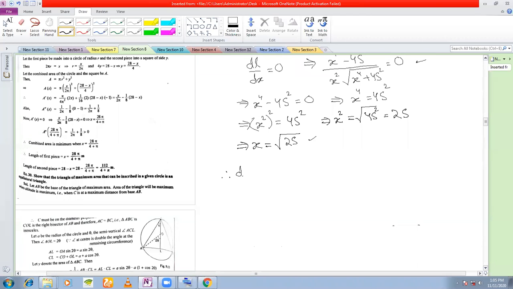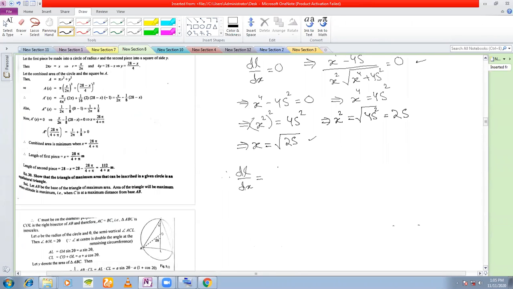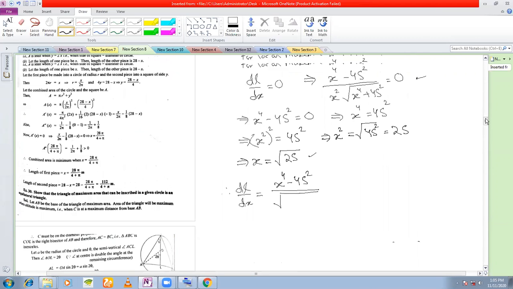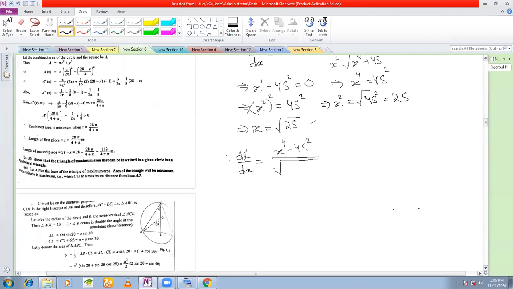Therefore dl dx is x to the power of 4 minus 4s square divided by x square into root x to the power of 4 plus 4s square. Okay, this is what we have as dl dx. I want to find out the second derivative of this. How do you find out the second derivative of this?